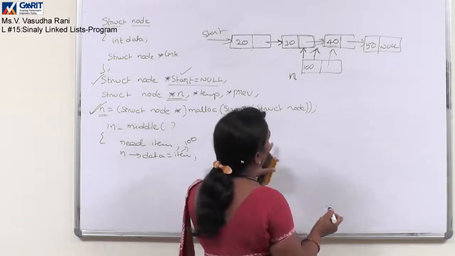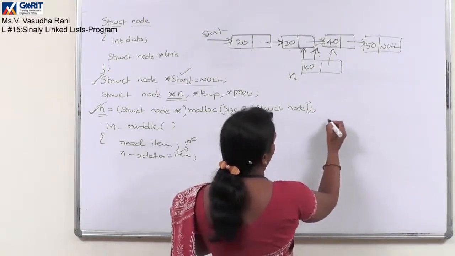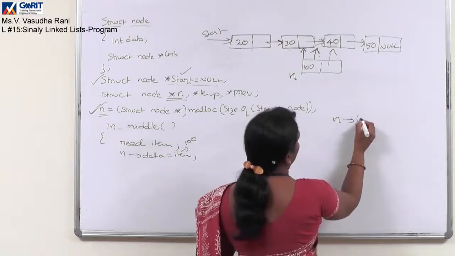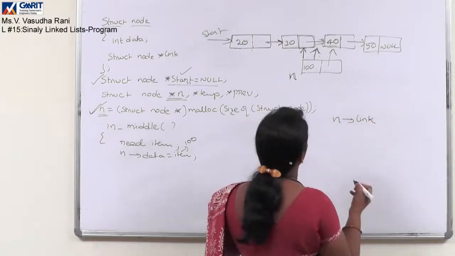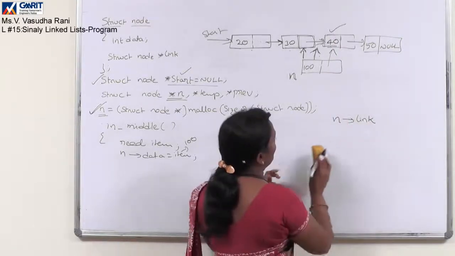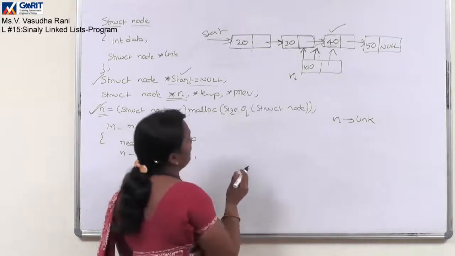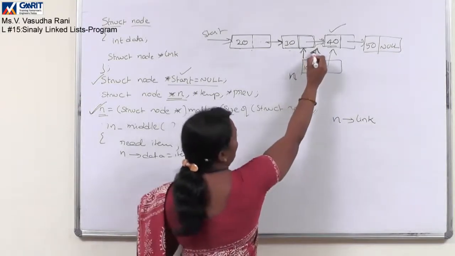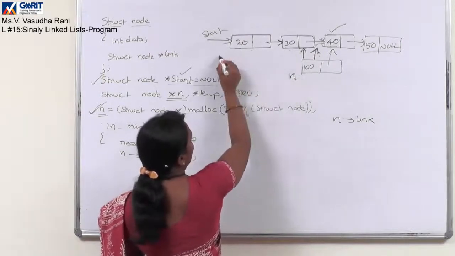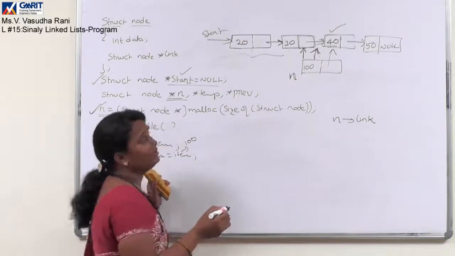So here two steps we have to perform. N's link should hold the address of this new node. For this, wherever we have to insert this new node, till that node position we have to traverse this list.